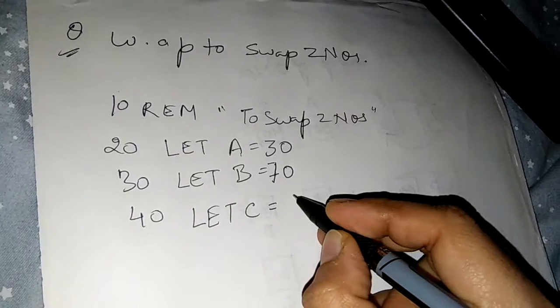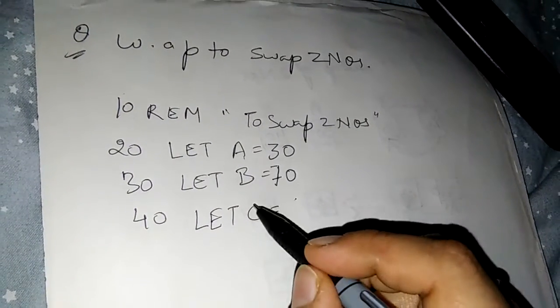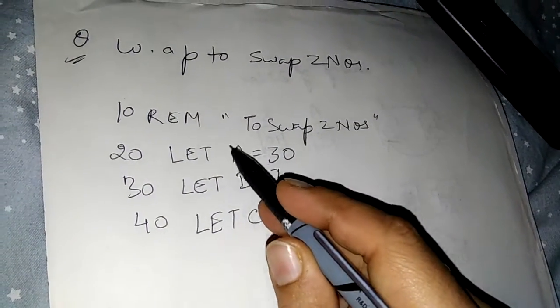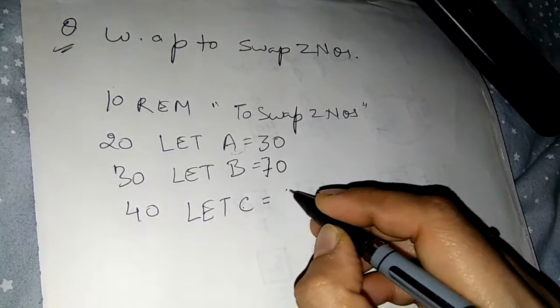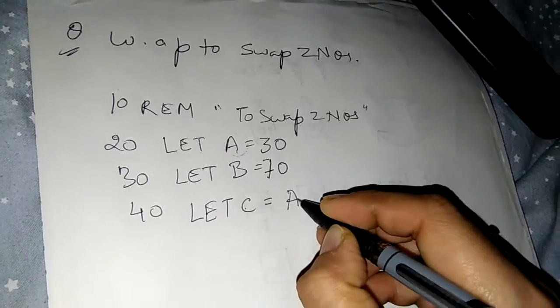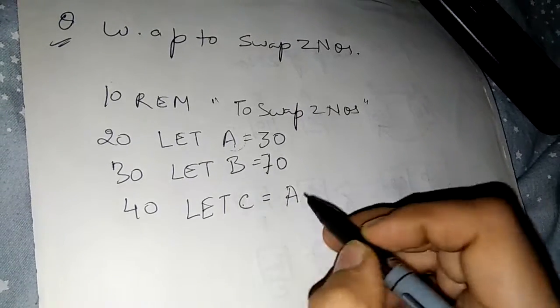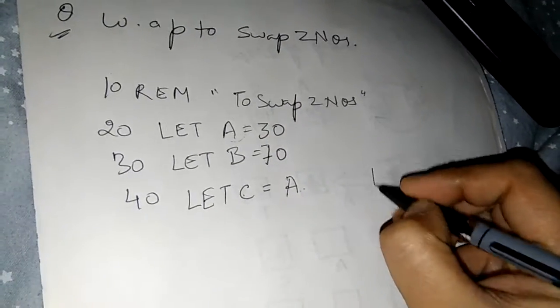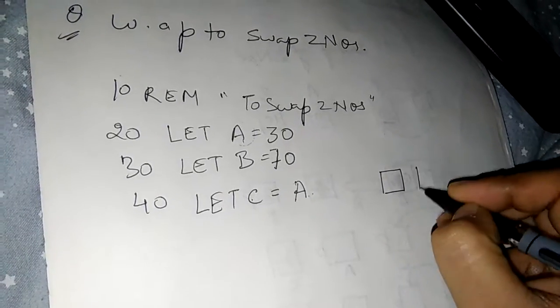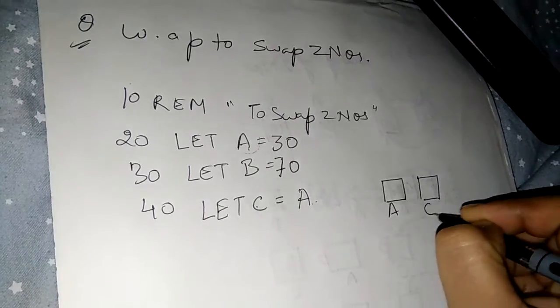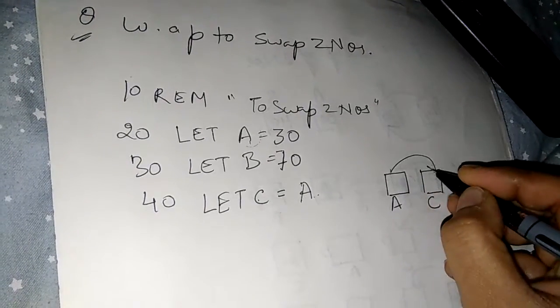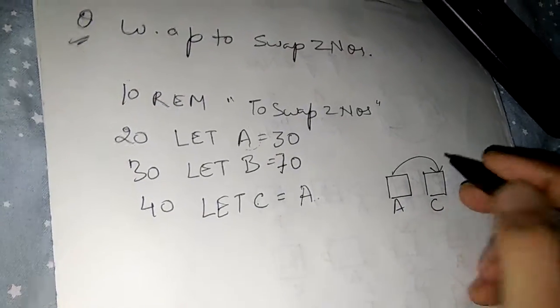Now what do I have to do? First of all, I have to make A empty, so I will pour the contents of A into C. C was an empty variable.